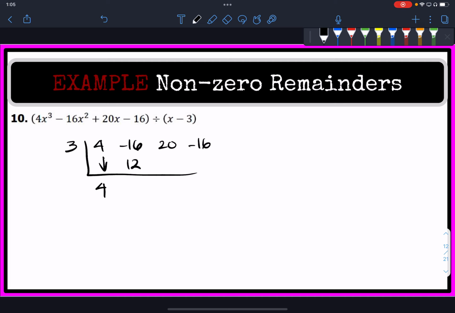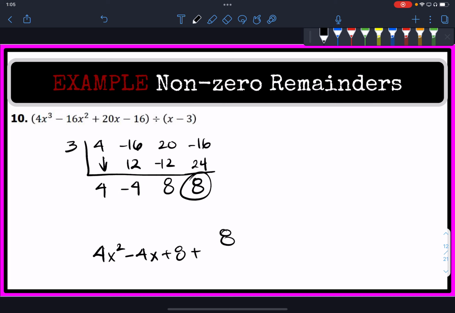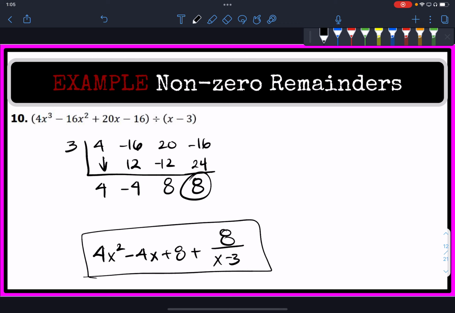This would be 12, negative 4, multiply, add, multiply, which is 8. And our answer is 4x to the second power minus 4x to the first power plus 8. And this last one is our remainder. So plus another 8, however, over x minus 3, since that's our remainder.